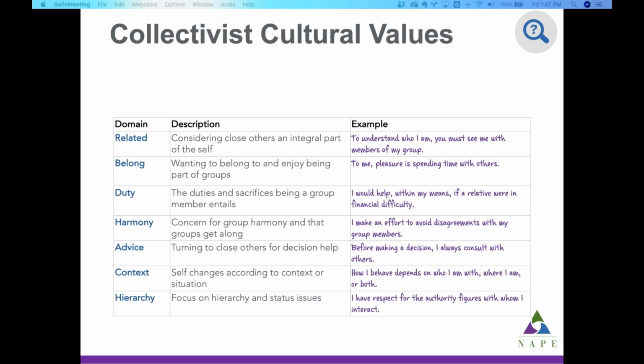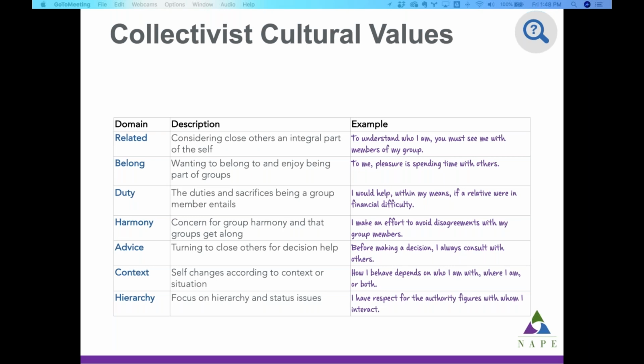The third one here is around duty. The duties and sacrifices of being a group member are prominent over everything else. Everything I do matters most for how I'm serving the whole. Harmony is this notion of making sure in all cases that there is harmony in the group and that the group is getting along.